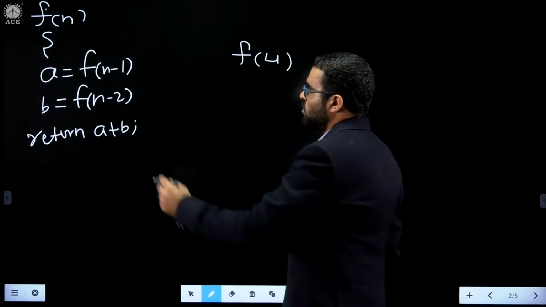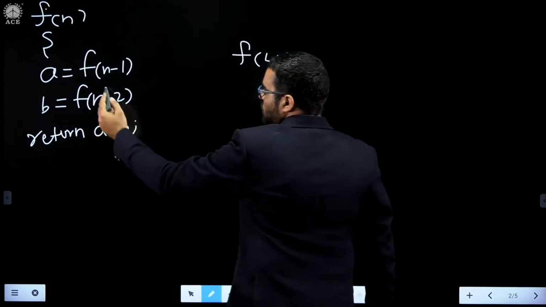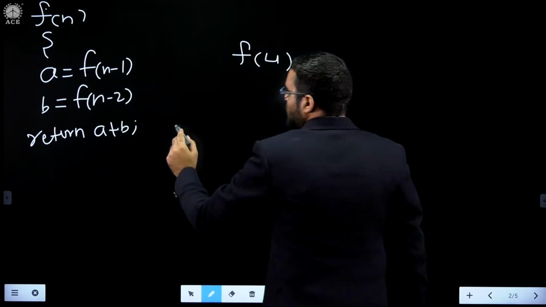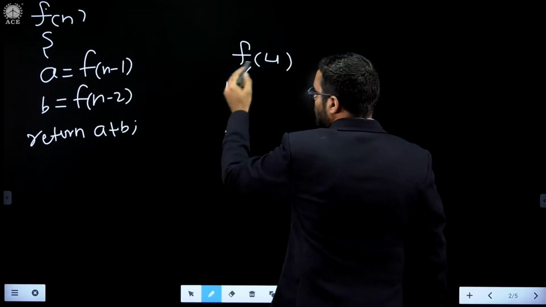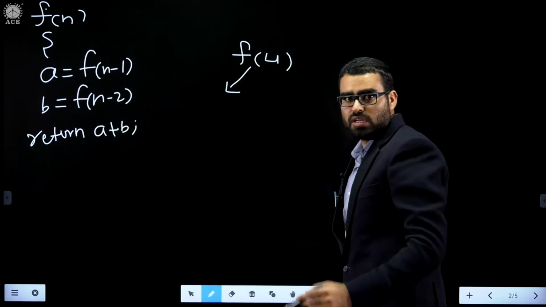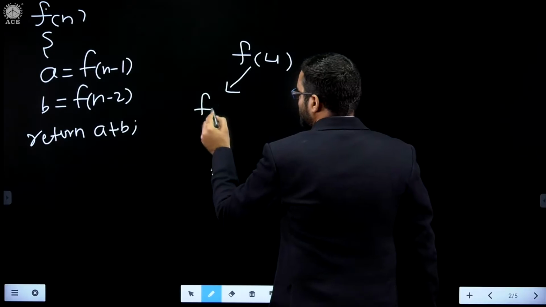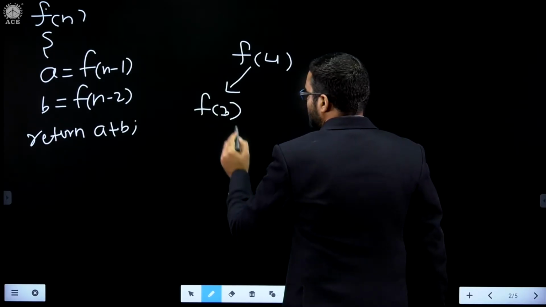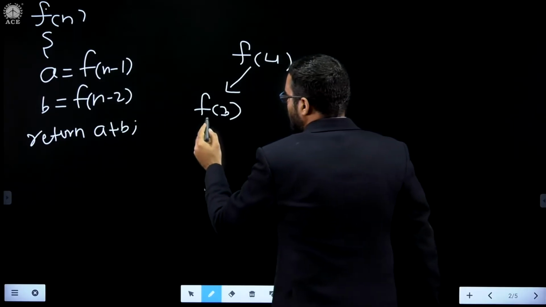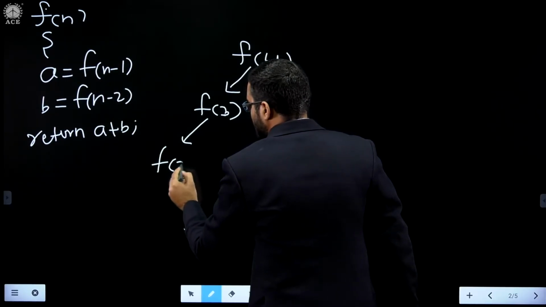When we call F4, then what will happen? We will call F3. Inside this F4, we will call F3, and when we call F3, then inside this F3 we will call F2.